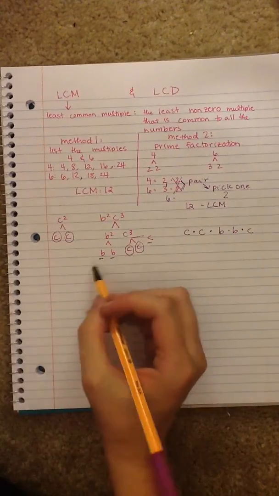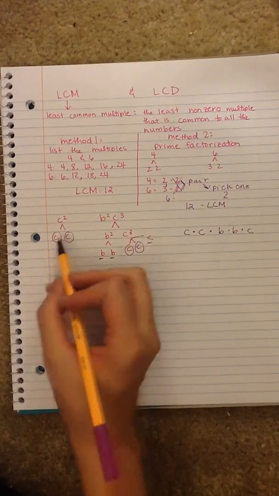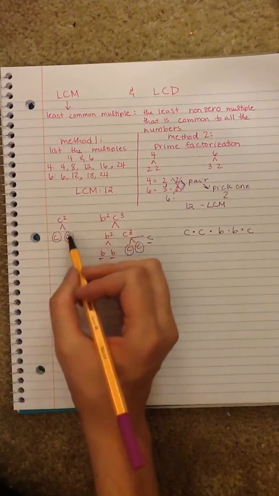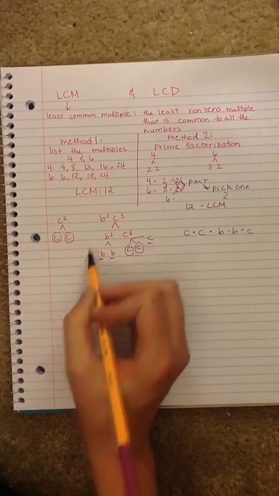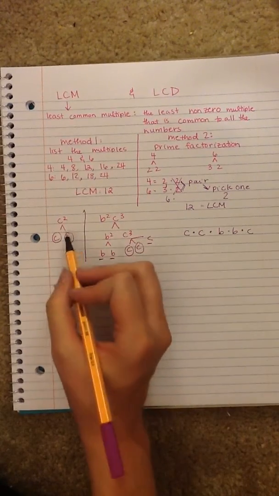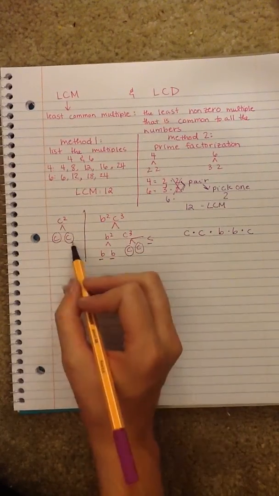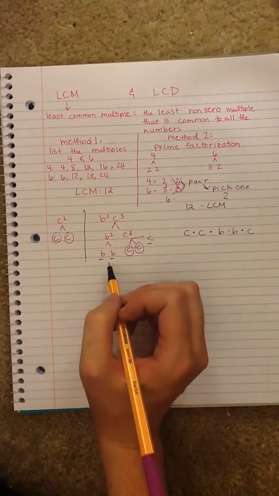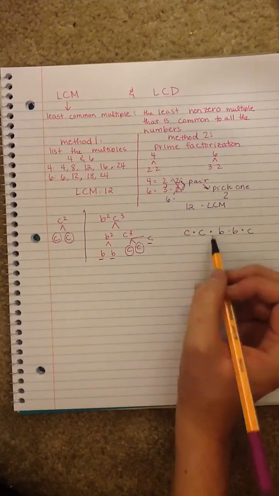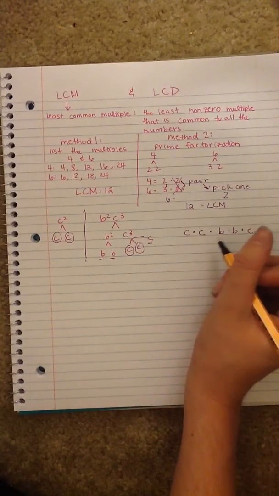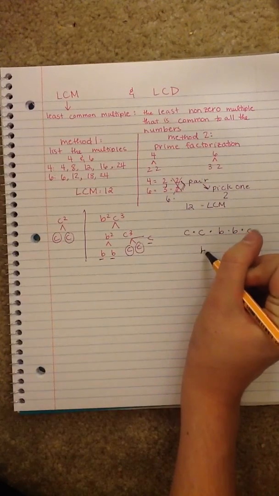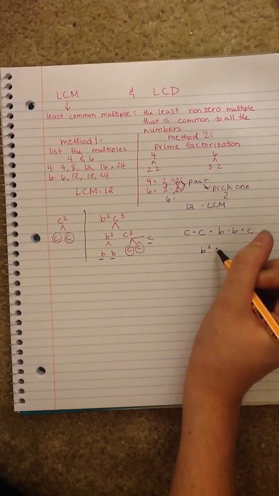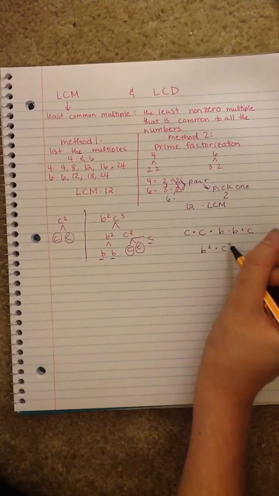These b's aren't considered to have a pair because there's no b's over here. My pairs have to be across the two numbers. So this pair, they cross the two numbers. So again, my b's don't have a pair. When I multiply all these together, b times b is b squared, c times c times c is c cubed.